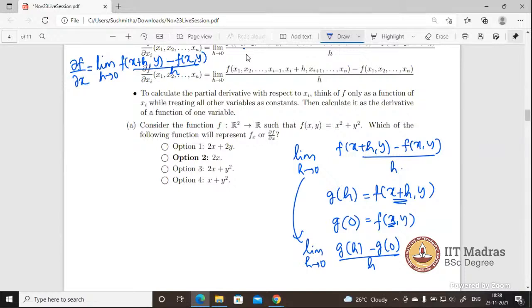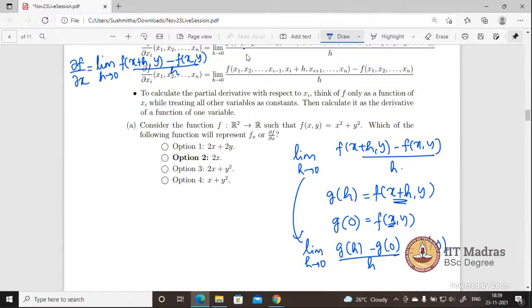What is this? Single variable. Yeah, this is g dash at 0, right? So basically you're finding out g dash of 0. But because f of x comma y is a function of x and y, you cannot write f dash.